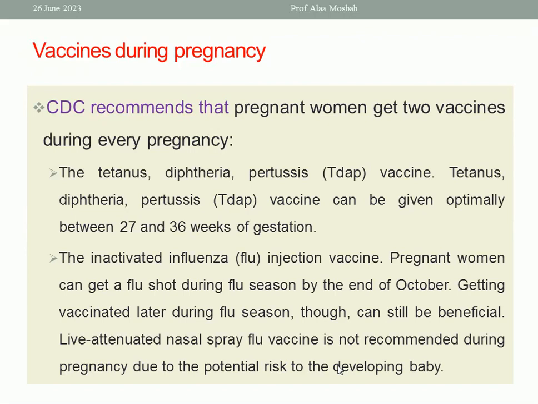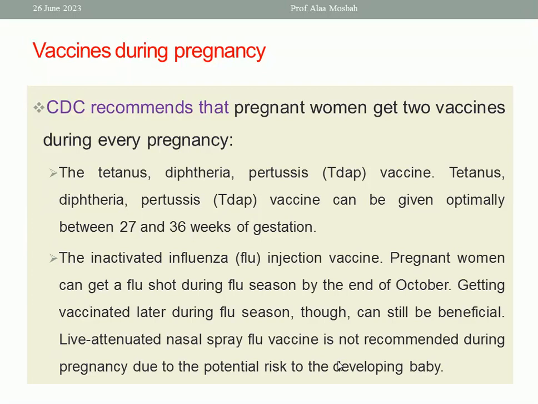Why can't I give the live attenuated nasal spray flu vaccine? Because of potential risk to the developing baby, because it is not a killed virus, it is a live attenuated one. So I can't give it to a pregnant lady, but I can give the inactivated influenza injection given intramuscularly.